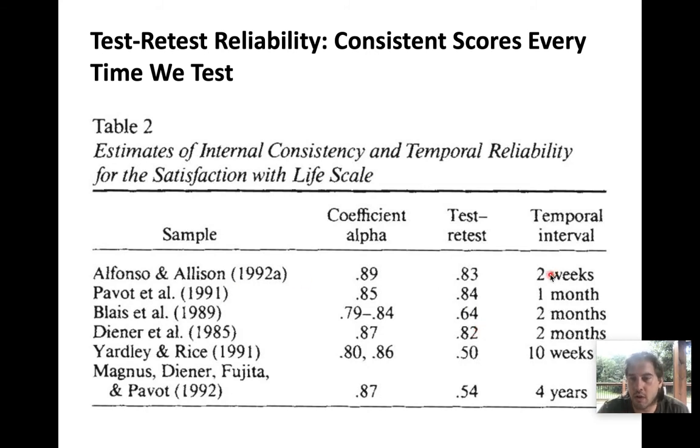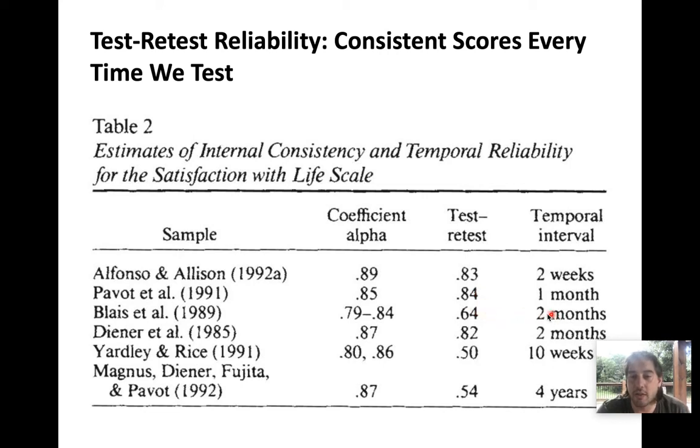And so we see when you have an interval of 2 weeks for your test-retest reliability, we have very high consistency, a very high correlation, right? It's approaching 1. 1 month, we're still very high. So that means we tested people's satisfaction with life, we waited a month and we tested their satisfaction again.